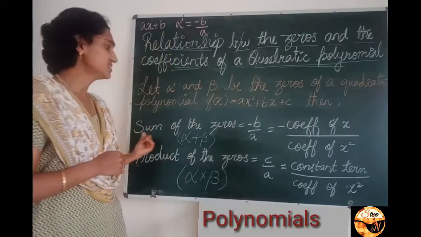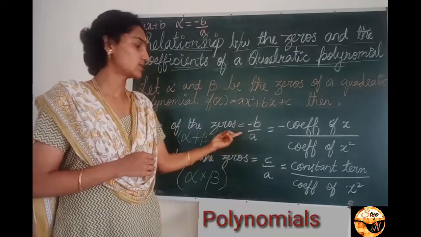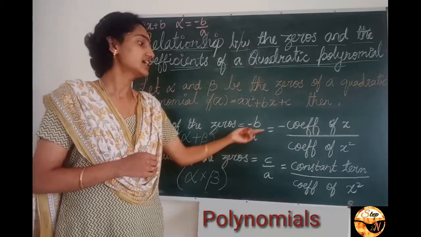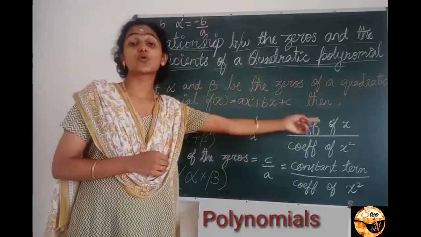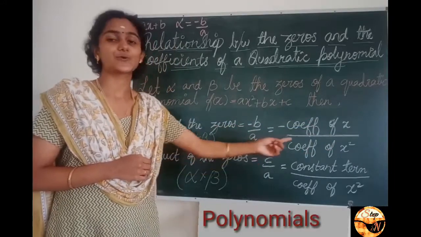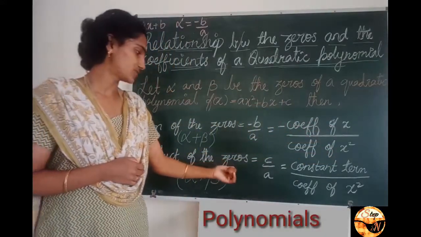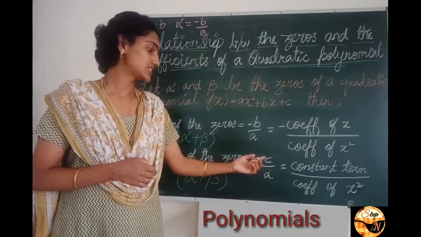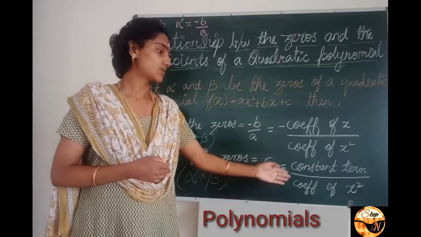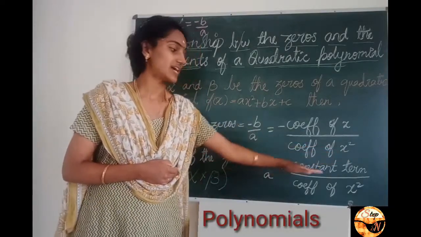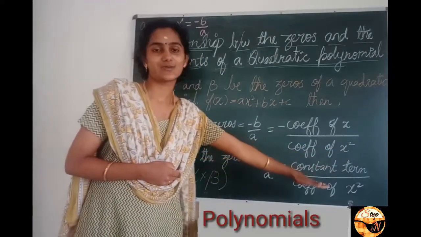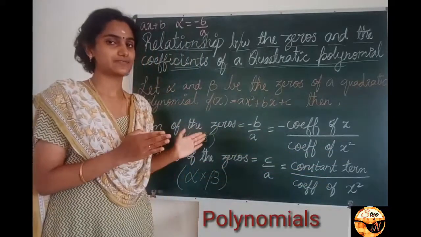Then the sum of the zeros is equal to minus b by a, which is minus the coefficient of x by the coefficient of x square. The product of zeros is equal to c by a, which is the constant term divided by the coefficient of x square. I think you all are clear with this.